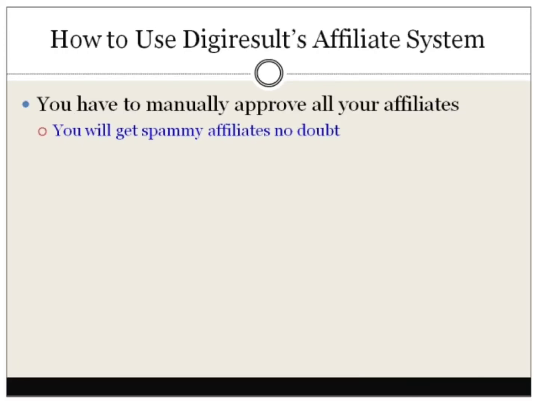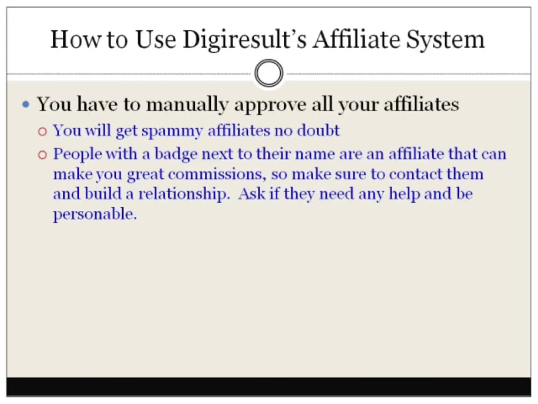Now, you'll notice that to the left of each of the affiliates that apply to your affiliate program, the people with a badge next to their name are affiliates that have been producing great commissions.